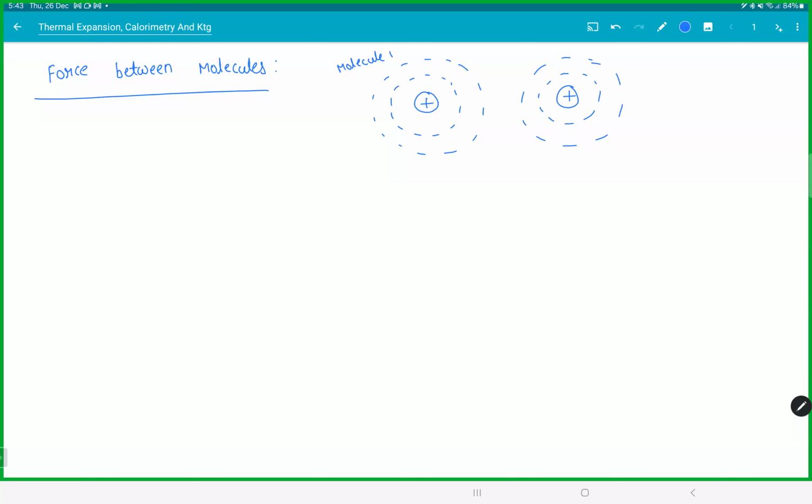This is your molecule 2. And we have electrons here. Now initially, the nucleus is positive charge and the electrons are negative charge. The nucleus 1 attracts the electrons of molecule 2, and vice versa. The nucleus 2 attracts the electrons of molecule 1.